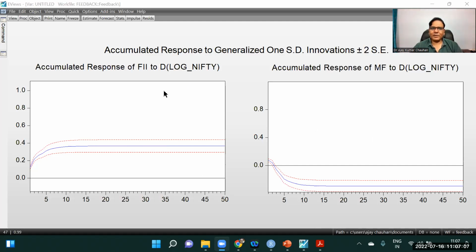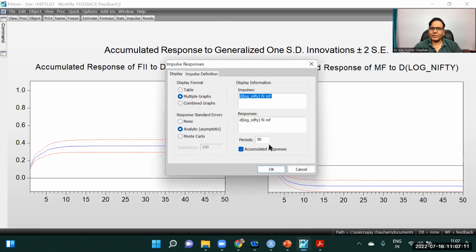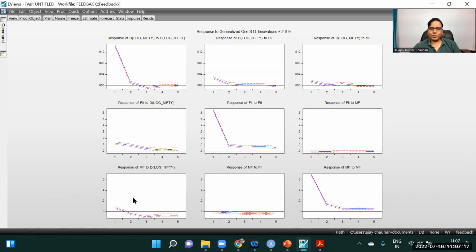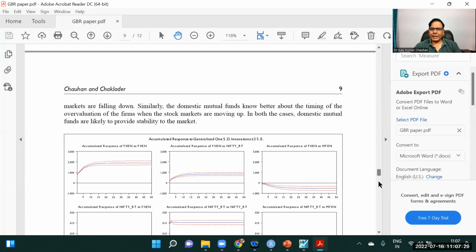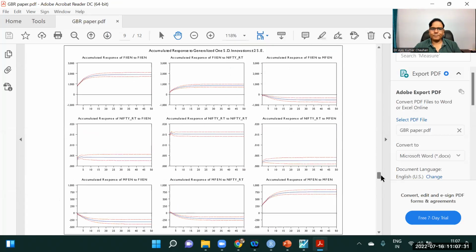So finally, after looking at the short-term response, long-term response, or the type of response, if you click on simple, now the response is coming for only days. And in some papers, I have seen they reported only the long-term response. Like in our paper, this is the VAR result, and we reported the long-term accumulated response.